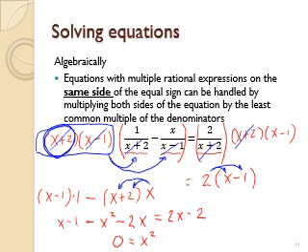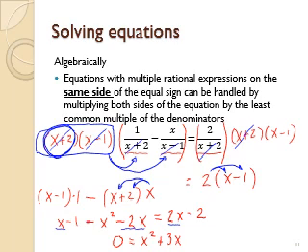I've got to gather up all my x's. I have 2x. When I move this, I'm going to add 2 more, so that's 4x. But then I'm going to move this by subtracting. So 4x minus x leaves me with 3x.